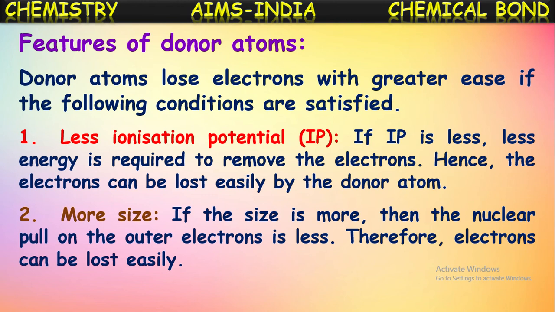So, as nuclear force is less on the outer electrons, those can be released by the atom very easily. So, if the size is greater, that can easily form a cation. That means that can form a strong ionic compound. And even in terms of ionization potential, the atom with a lower ionization potential will form a strong ionic compound, because that can lose electrons very easily.